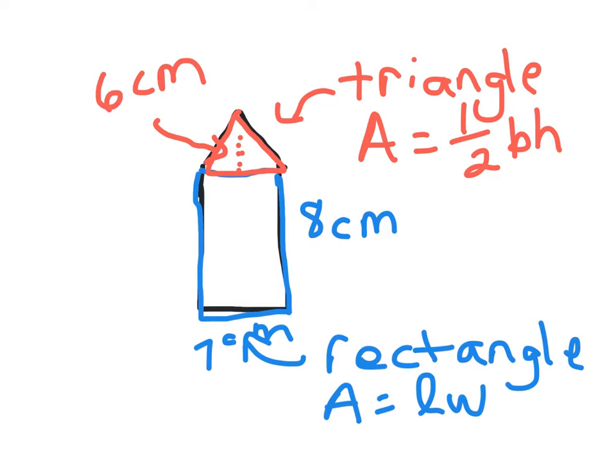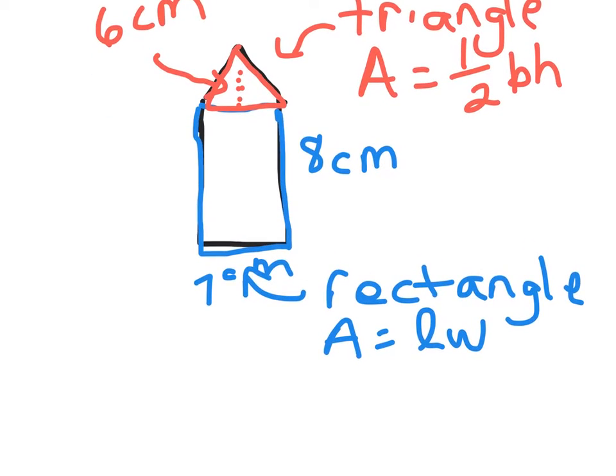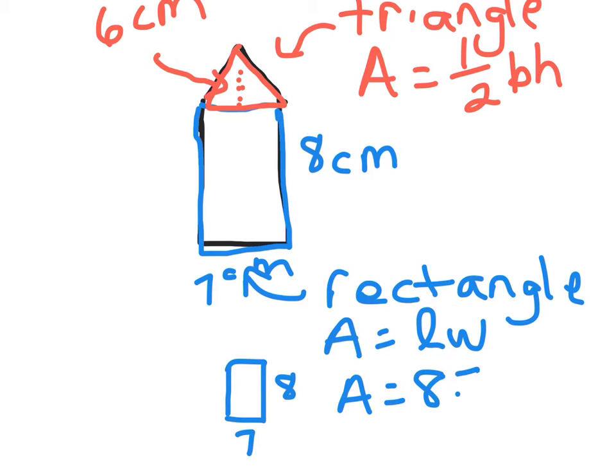Now, moving this picture up a little bit, we're going to concentrate first on the rectangle. If I pull the rectangle out of this picture, what in essence I have is a rectangle that looks like this, that has 8 on one side and 7 on the other. If I follow the formula, I have area equals 8 times 7, which is 56, and for area, it's centimeters squared.